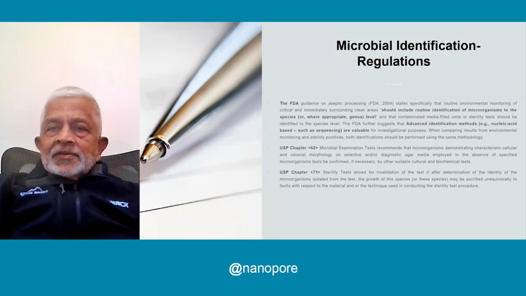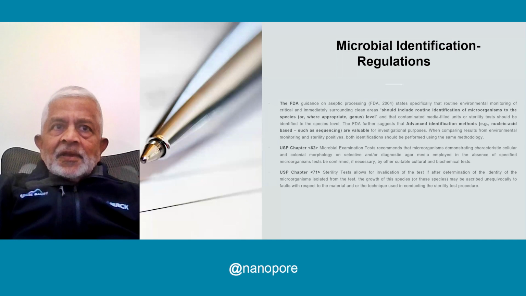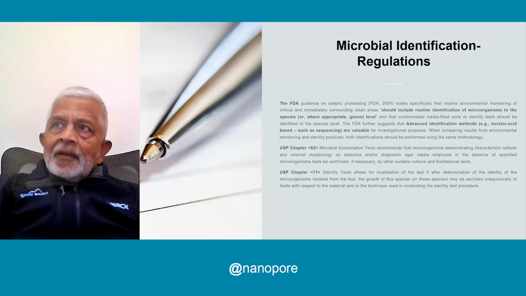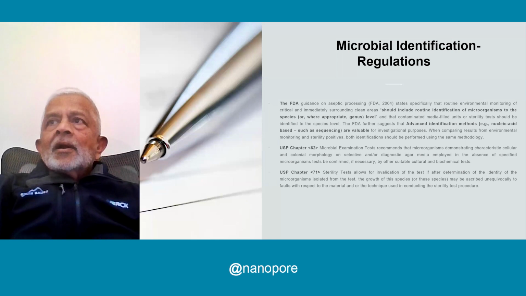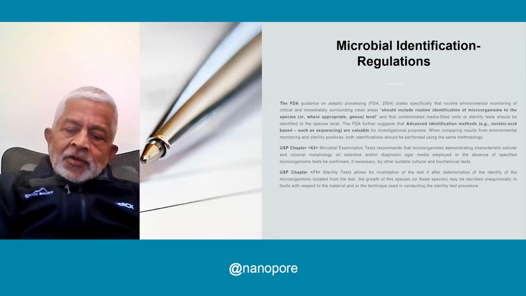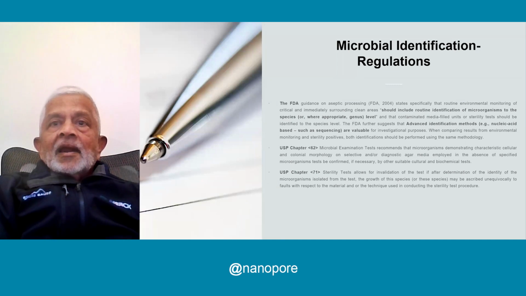Correspondingly, the USP has in its test procedures the need for identifying microorganisms, be it non-sterile products and the topic of objectionable organisms, or sterility tests in the absence of microorganisms, where you could use advanced technologies to identify to the species level, especially when you have to invalidate a sterility test.